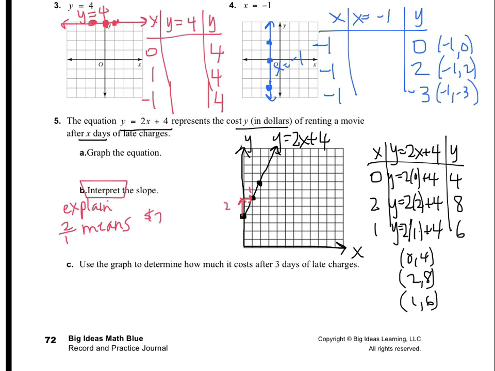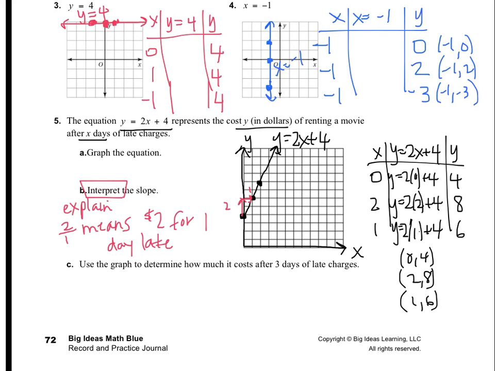So $2 for, and the run was 1. So that was 1 across, and that was the x-axis value. So that stands for days late. $2 for 1 day late. A better way of saying it would be $2 for each day late, or $2 per day late. That's a better phrasing, but $2 for 1 day late is fine.